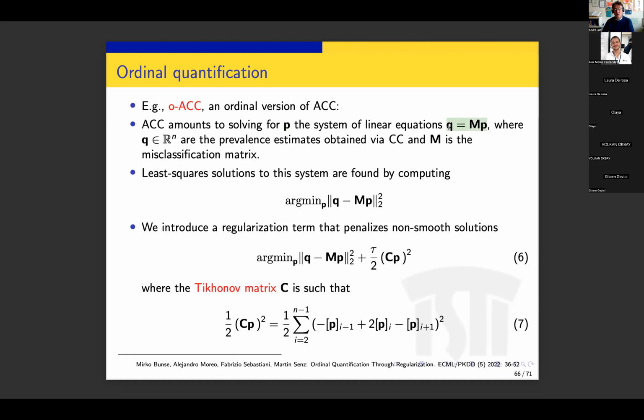Okay, so where, in a sense, Q is the prevalence estimates that you have obtained via classify and count, and M is the adjustment. It's called adjusted classify and count because it adjusts the prevalence estimates obtained via classify and count by bringing to bear the misclassification matrix.